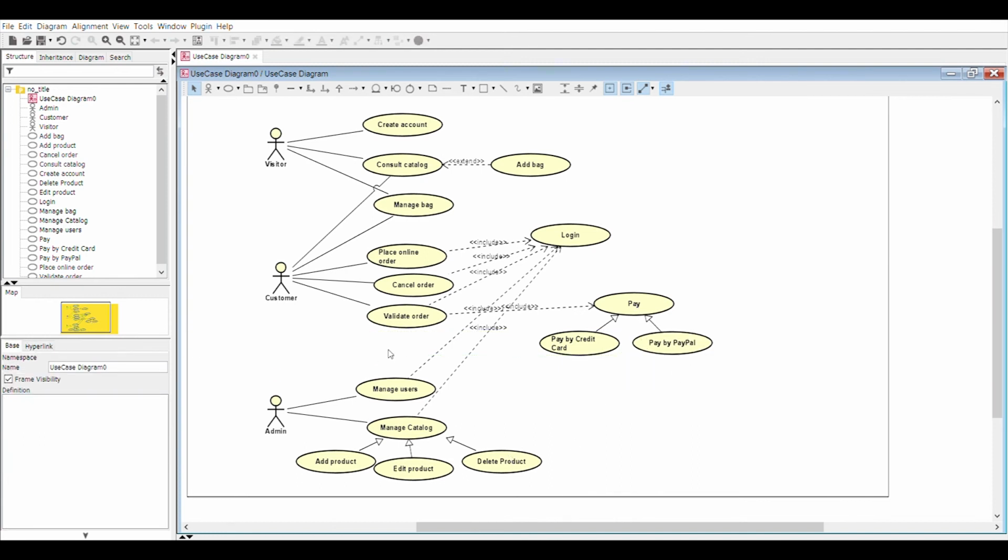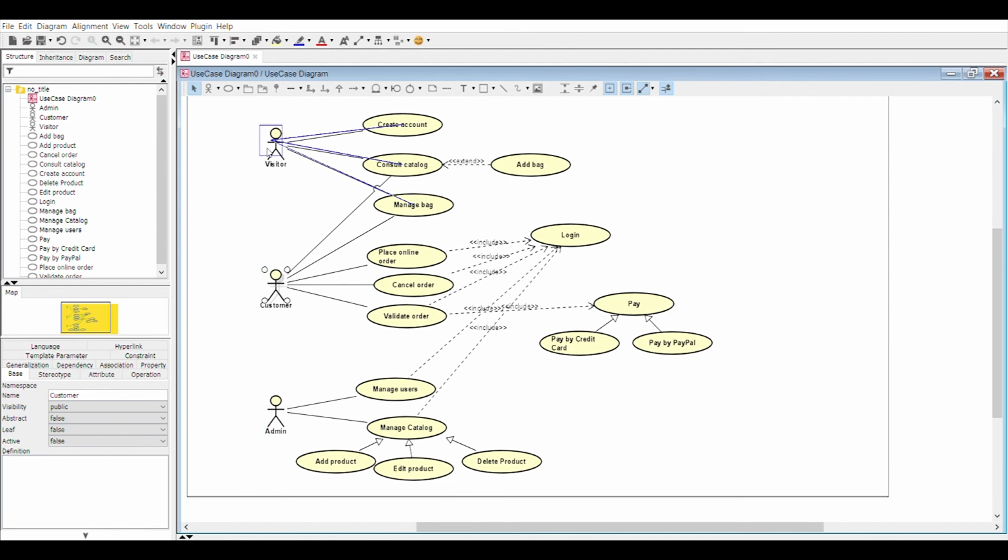Okay, so here is my use case diagram. I have these relationships. We can see here that these two actors, customer and visitor, do the same use cases: consult catalog and manage bag. So we can factorize this behavior by adding, if we want, it's optional, another actor that we can name, for example, member.